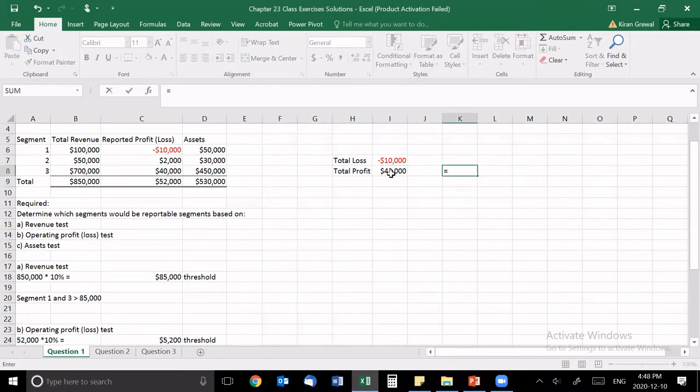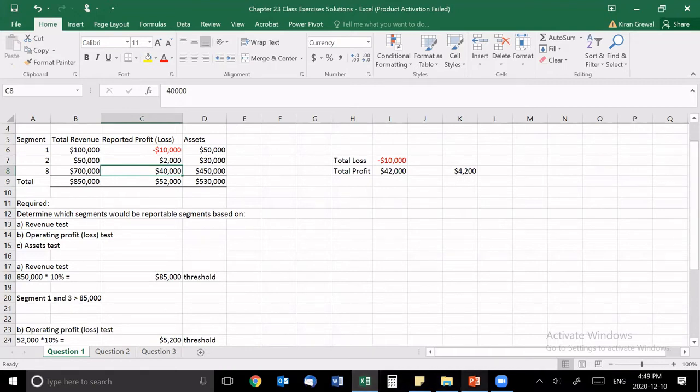So you take 42,000 times 10%, and your threshold is 4,200. So it is the greater of the total profit or the total loss. You would compare the 4,200 to the reported profits here to find out which one would pass. So in this case, segment 3 would pass.